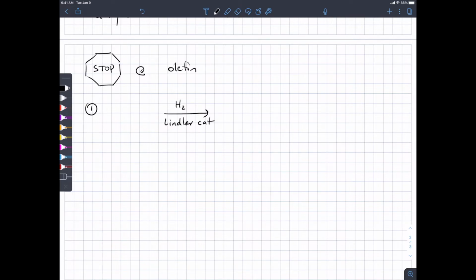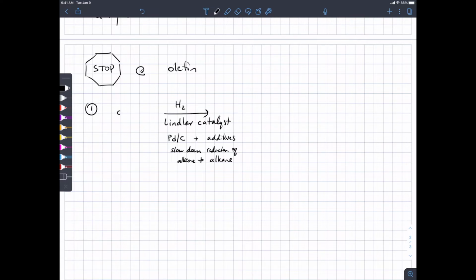This is a proprietary catalyst called Lindlar catalyst, named after the person that invented it. It is palladium on carbon, but there are additives that slow down to an imperceptible pace the reduction of the alkene to the alkane.